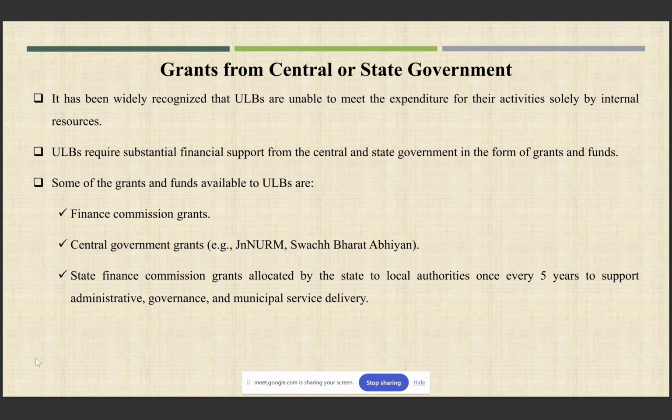Some of the grants and funds available to the urban local bodies are finance commission grants, central government grants like JNNURM, Swachh Bharat Abhiyan, and so on, and state finance commission grants allocated by the state to local authorities once every 5 years to support administrative governance and municipal service delivery.